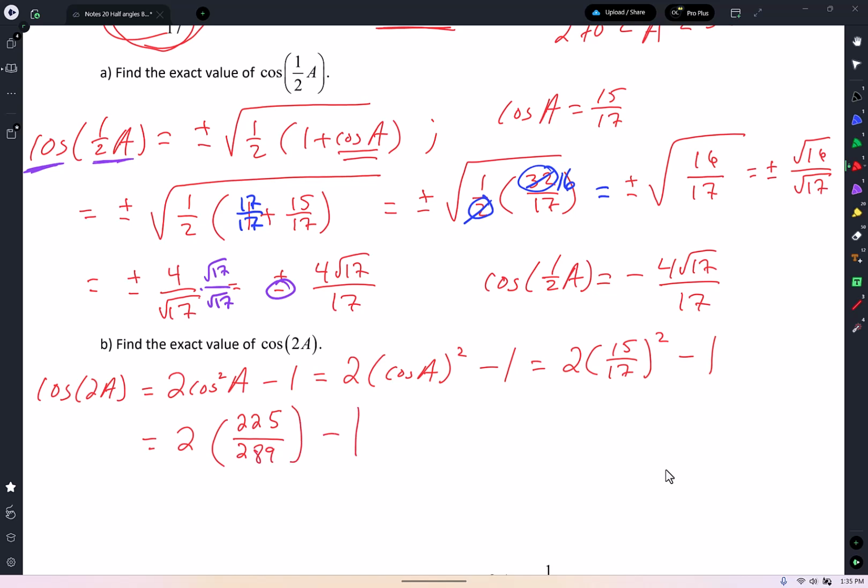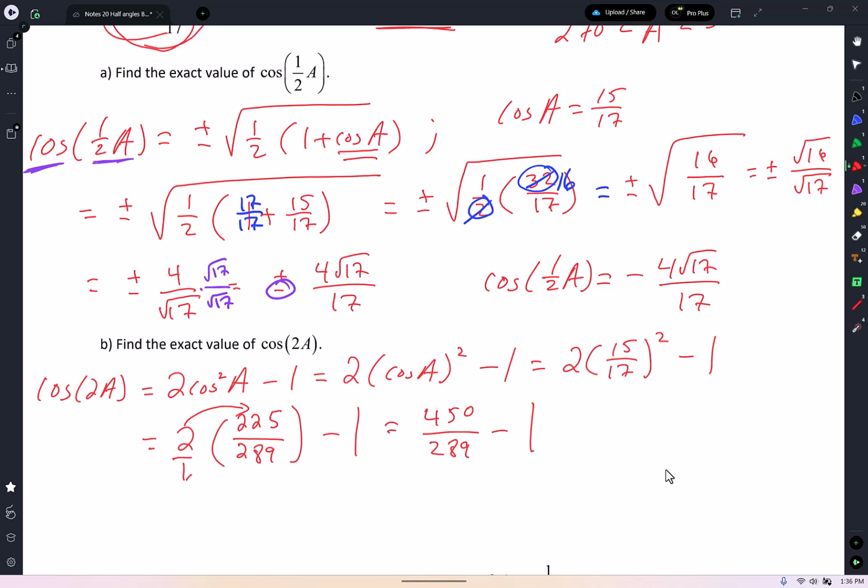I think last time I said 17 squared was 269, but no, it's 289. Okay. Here we go. I'm just going to double the 225, guys. It's like 2 over 1, right? So 225 times 2. So let's see. 450. 450 over 289 minus 1.